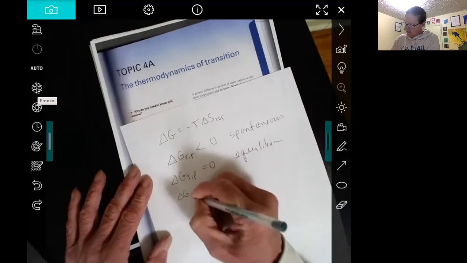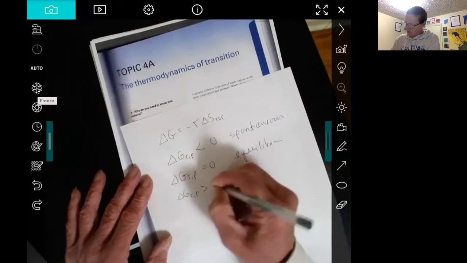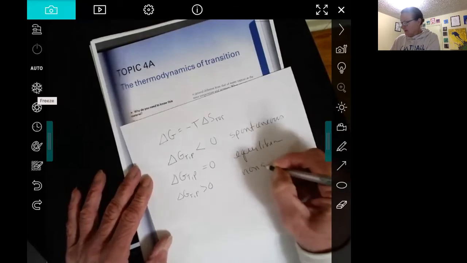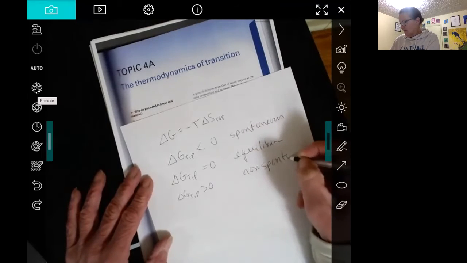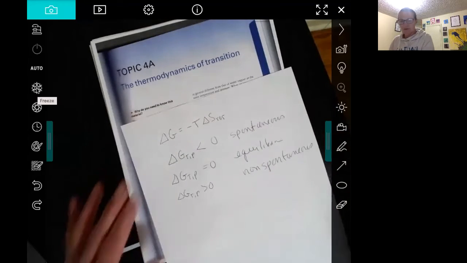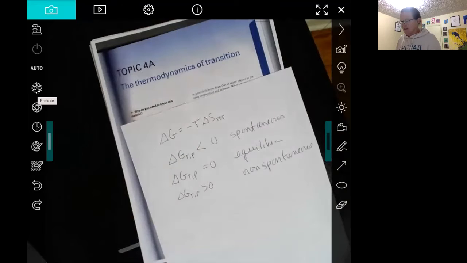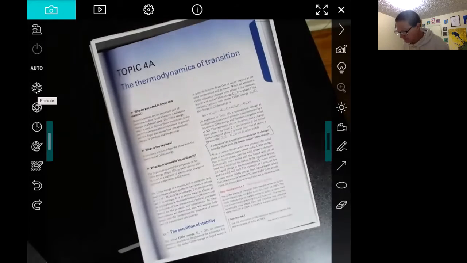And if it's greater than 0, it's non-spontaneous. If you say it's non-spontaneous, it's spontaneous in the reverse direction. So these are the ideas we're going to use, but we're going to think about them in terms of, will it be spontaneous for a liquid to become a gas or gas to become a liquid? Or are we at equilibrium where we have a gas and a liquid in equilibrium with each other?